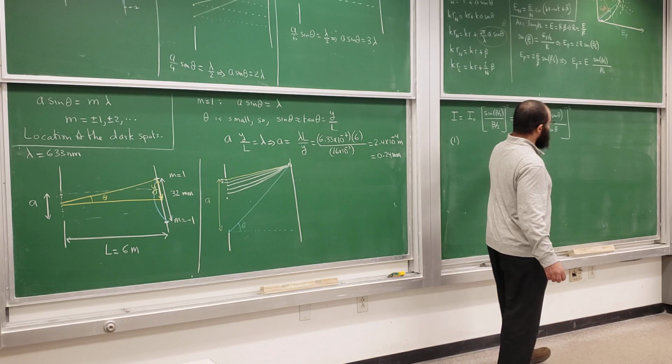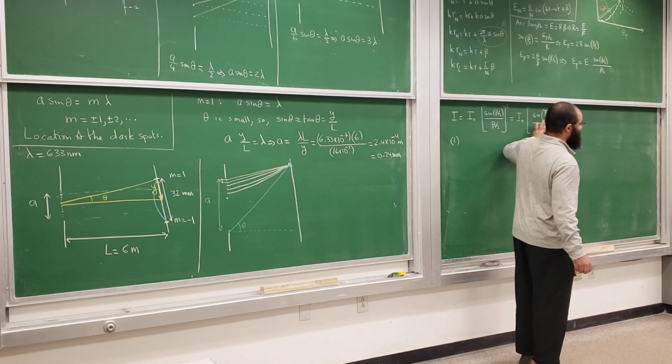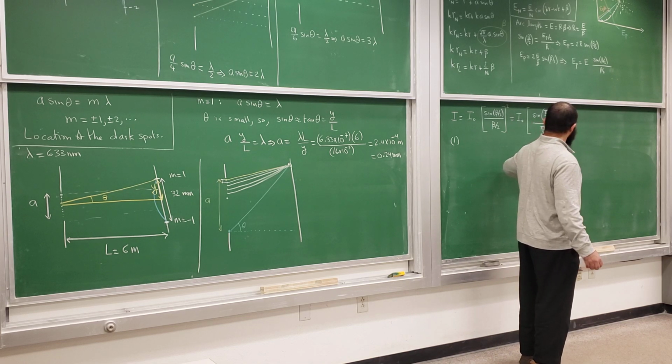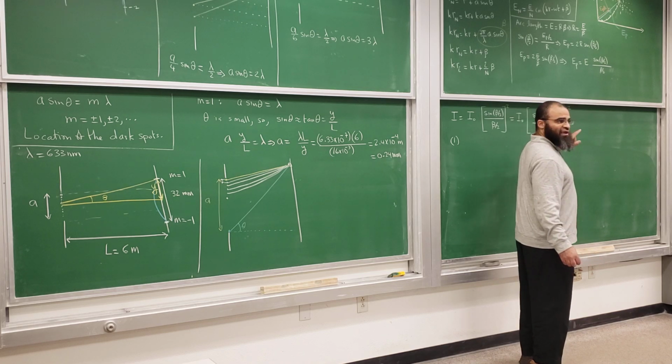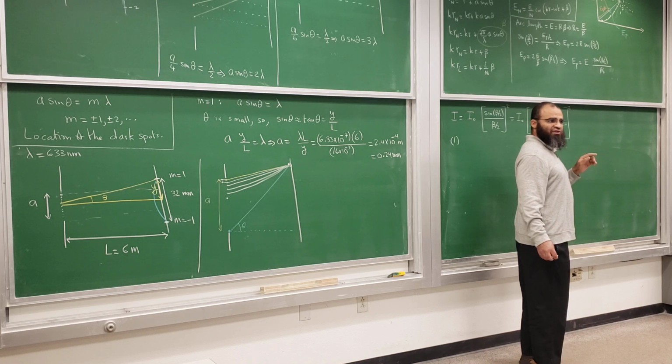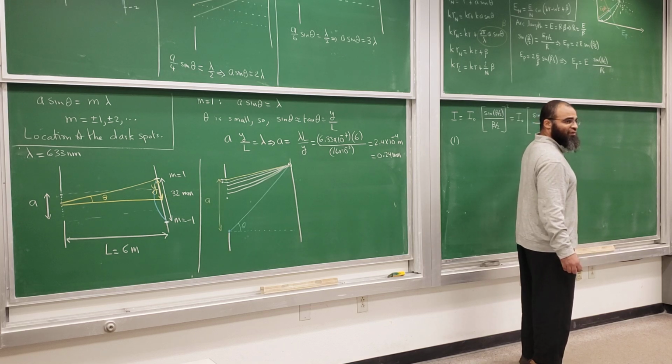But let's look at the other ones, where this denominator is not 0. We can have zero when the argument of the sine is a multiple of pi. If it's pi or minus pi, 2 pi or minus 2 pi, 3 pi or minus 3 pi, that's when you get 0.